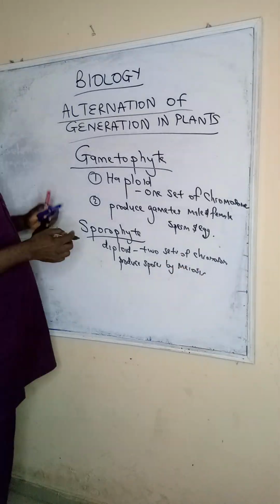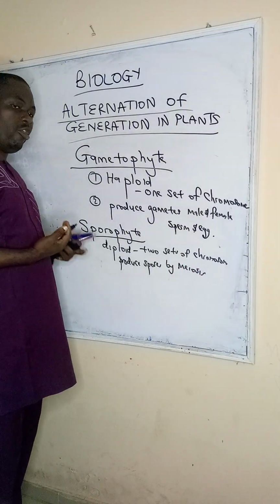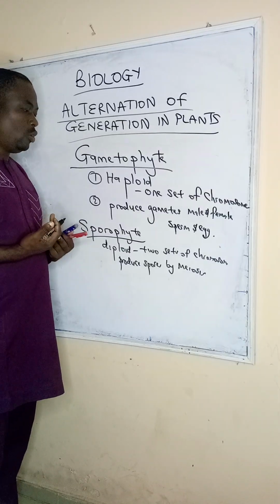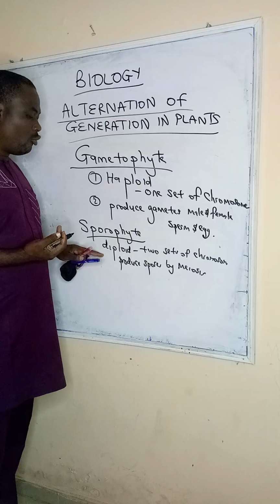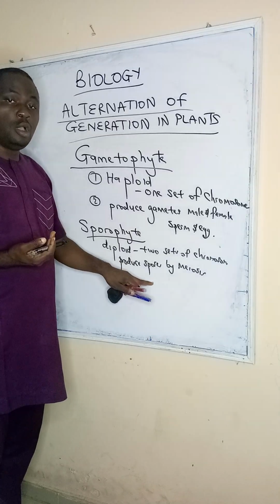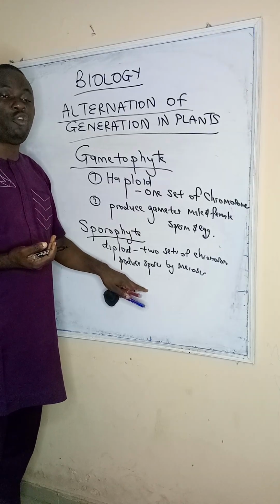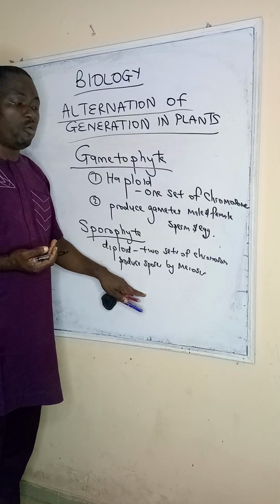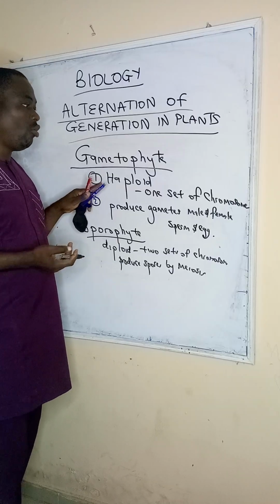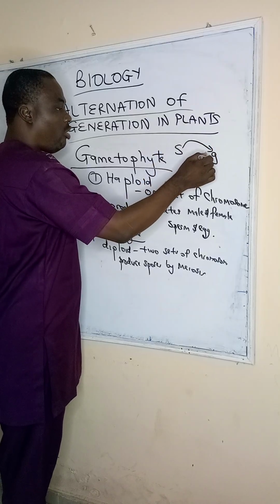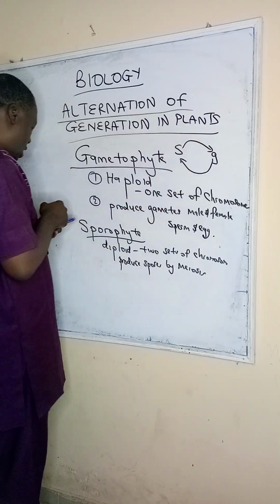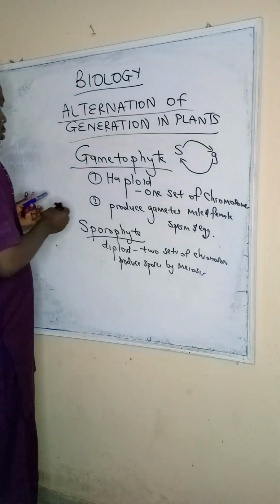When the male and female gametes fuse, they form the sporophyte, the young plant. The sporophyte grows and produces spores. Once spores are produced, they undergo mitosis again to form the haploid gametophyte. So the sporophyte forms gametophyte, and the gametophyte grows again and forms sporophyte. That's it.